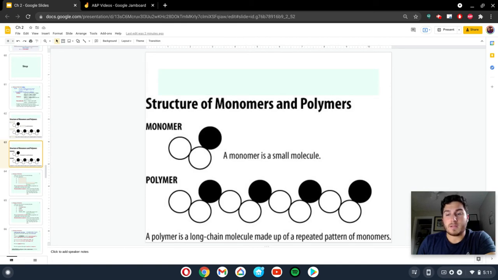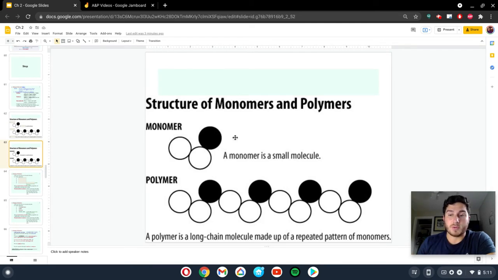Another thing to keep in mind is that a subunit is something you have to define. In this case, this subunit is two white circles and a black circle situated in this way. It doesn't mean it's just one circle. A lot of people would assume that this is three monomers because there are three circles. That's not the case. The subunit or the monomer is the grouping of whatever it is we're talking about.